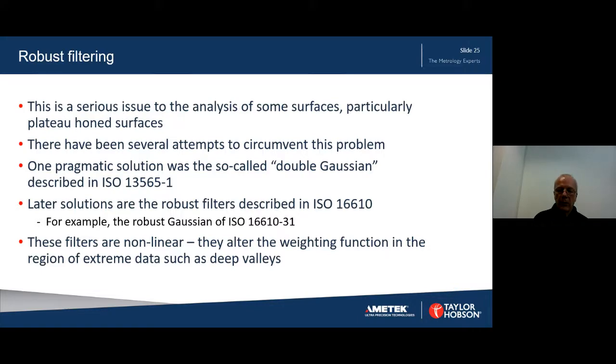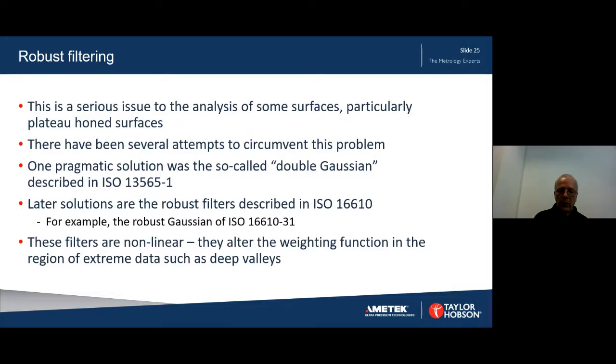Apply the Gaussian filter to the modified primary profile to produce a modified waviness profile. Then finally subtract the modified waviness profile from the original primary profile to produce the roughness profile. This process works very well but has its limitations. For example, this process only deals with valleys.